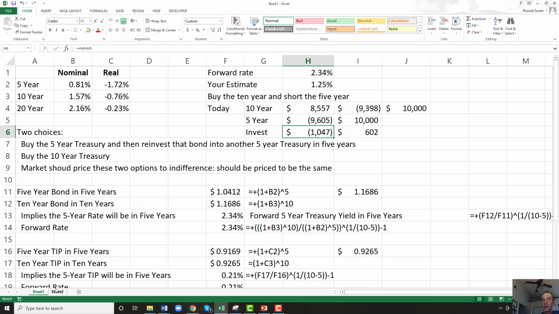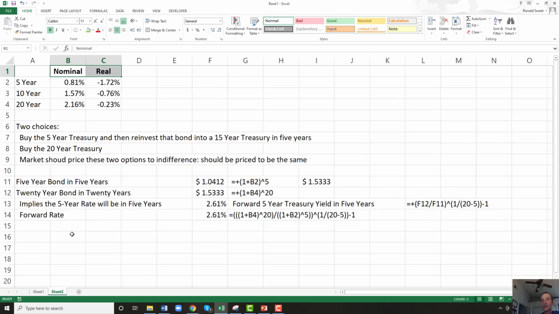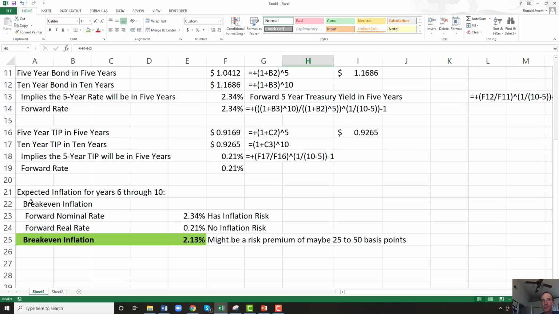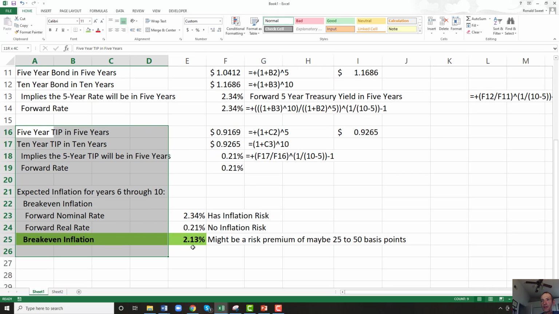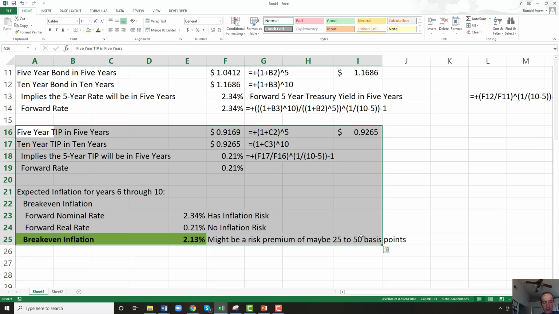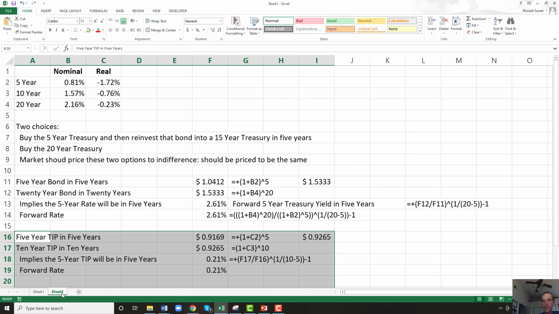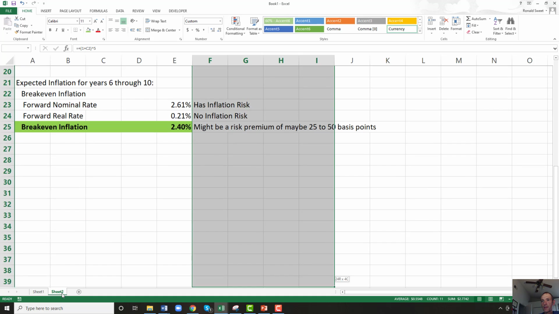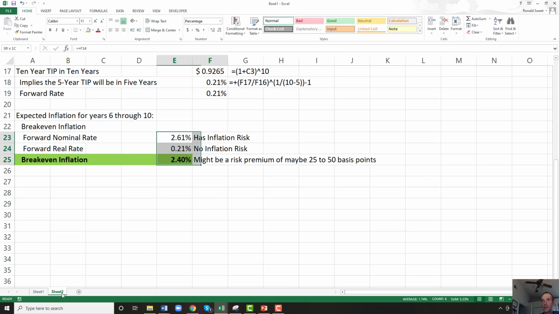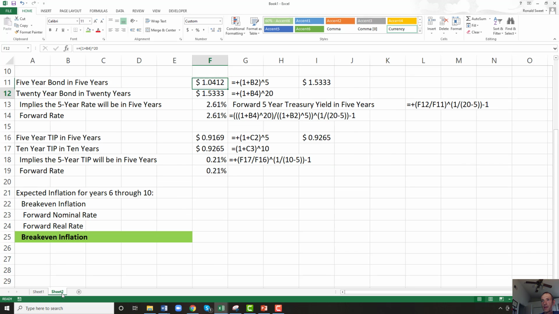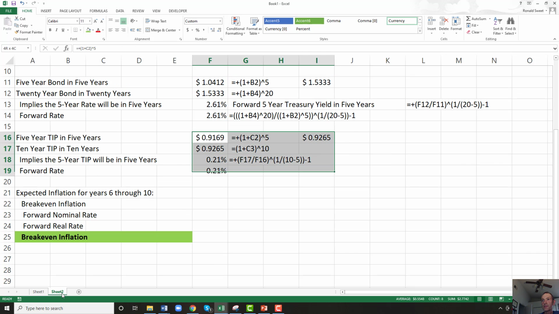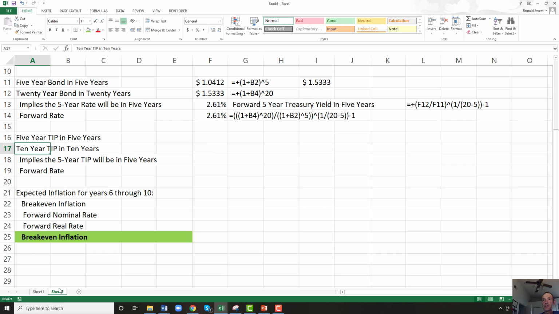Let's look at the 20-year and do the exact same type of analysis there. So let's do all of this again. I'm going to copy from the other page just to save me some time. Let's look at the TIP and get some practice here.